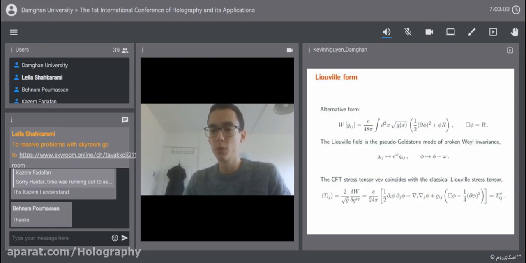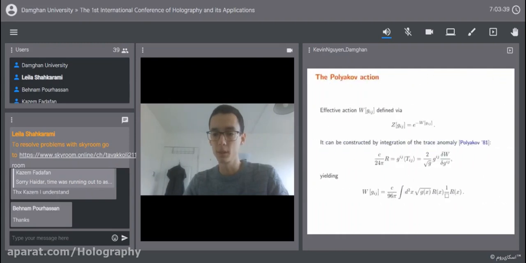For that we need to introduce some scalar field phi that solves the equation box phi equals R. And then we can rewrite the effective action as something very familiar. This is just the action for a Liouville field, and phi is the Liouville field. So indeed, if you put phi equals box to the minus 1 of R back into the action, you recover the first expression.